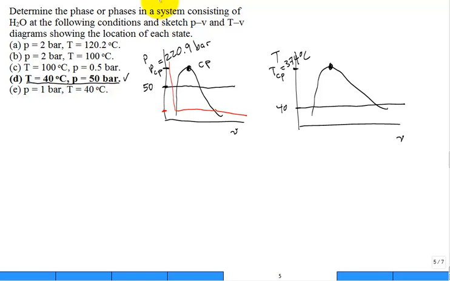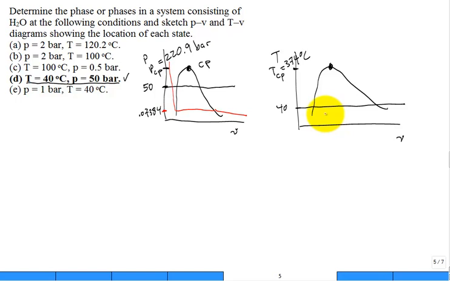So if we wanted to, you could come over here and say 0.07384 bar. Okay. And then here we have 40 degrees C, that's a line going across, but we have a constant pressure of 0.07384.